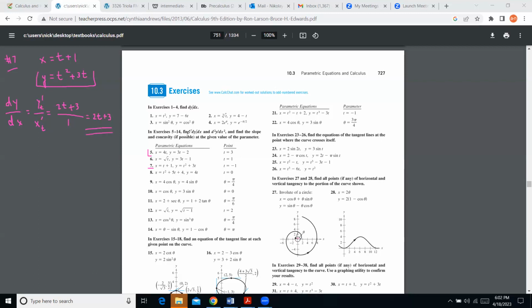Now the actual problem says find the first and also the second derivative. So I can continue with this. So I can find the so-called d2y over dx squared. Again, that's not what you were supposed to do for a quiz. And again, my denominator is going to be x prime of t, but for the numerator, we're going to have to take the derivative of function y of x.